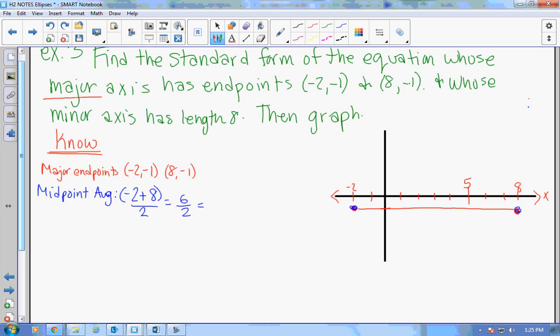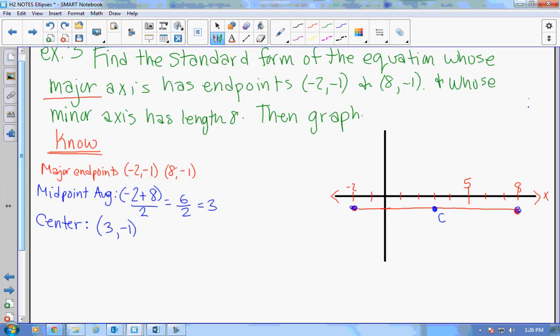Divided by 2 is, in fact, 3. So the center, like she said, the x is 3, but what's the y? -1, because they all have to be on the same line. So all 3 of these points have the same height at -1. Any questions on how we found the center? This is the first time we've seen one that's not on the origin.